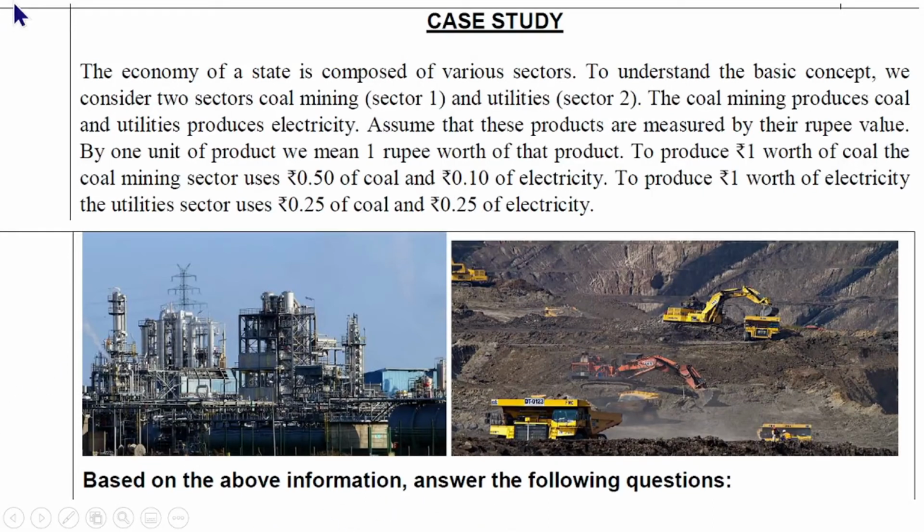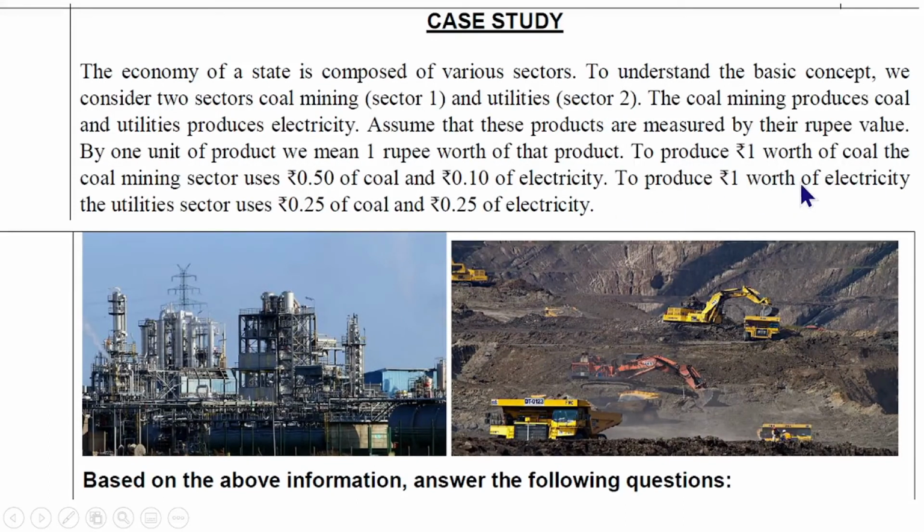So here it is given, an economy is composed of various sectors, and to understand the concept, only two sectors are considered: coal mining and utilities. And coal mining produces coal and utilities produces electricity. And here, to produce 1 rupee worth of coal, the coal mining sector uses rupees 0.50 of coal and rupees 0.10 of electricity.